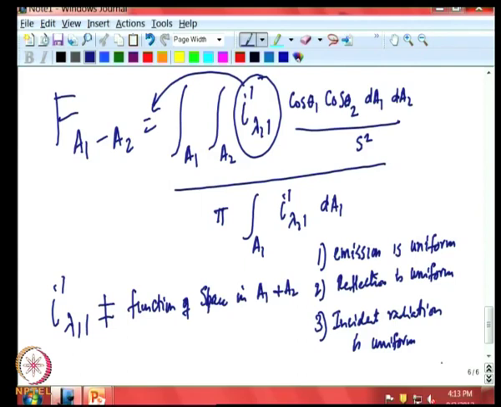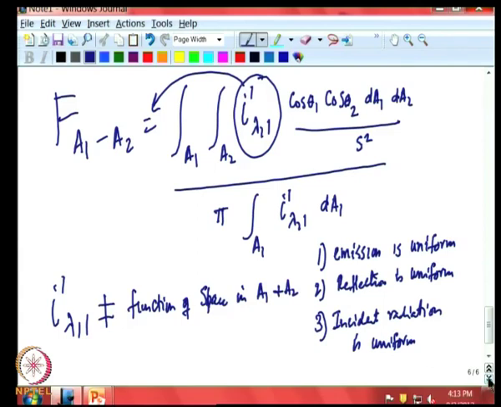If the incoming radiation on a surface is not spatially uniform, there is very little chance that the radiation leaving the surface will be uniform in space, even though properties of the surface like reflectivity are uniform. Because the incoming radiation is non-uniform, the reflected radiation will be non-uniform.